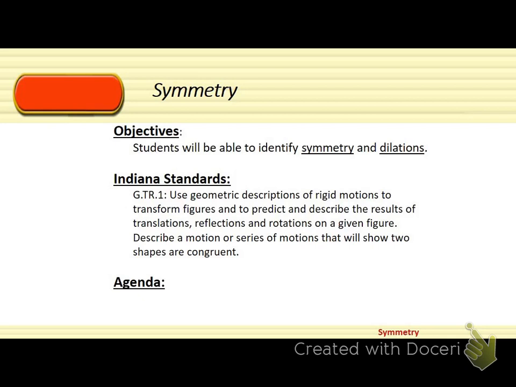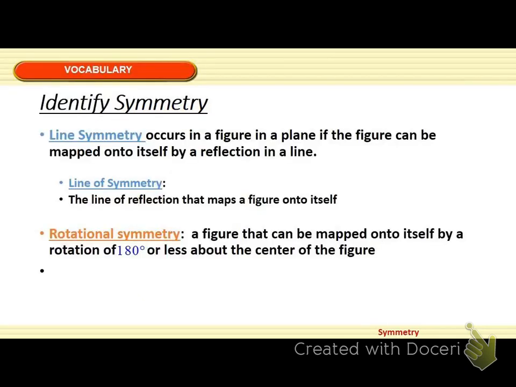All right. Now let's move into symmetry and dilations. Symmetry. A figure has line symmetry if we can draw a line in a plane and basically be able to fold that shape over onto itself and map it right back onto itself. That line is called the line of reflection. Or it could have rotational symmetry, which means that we can rotate the figure about a certain degree measure and get it to map back onto itself from there.